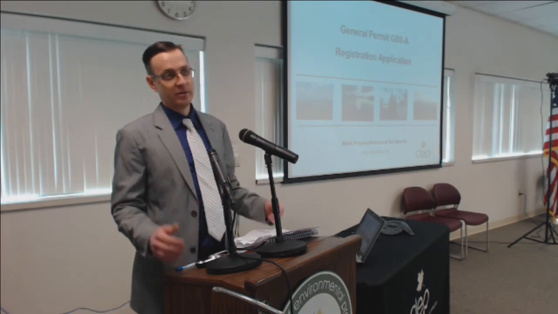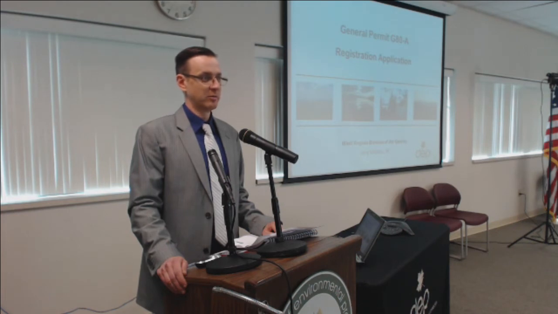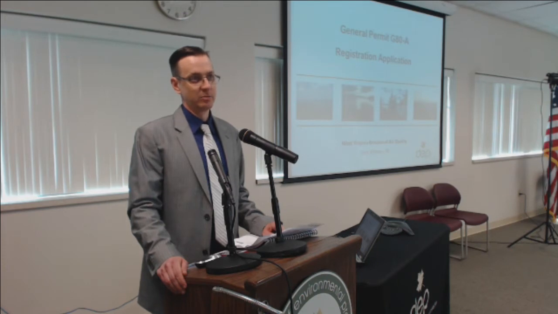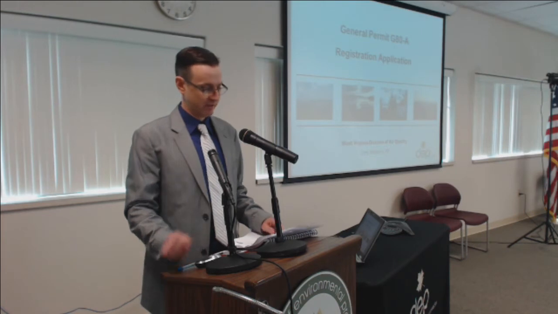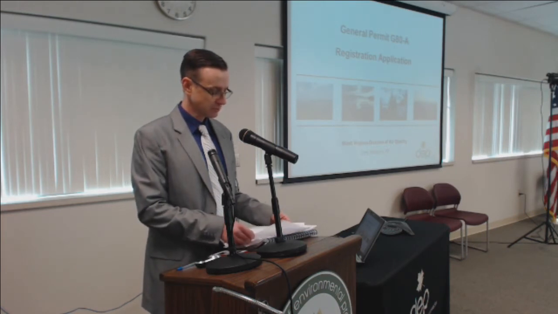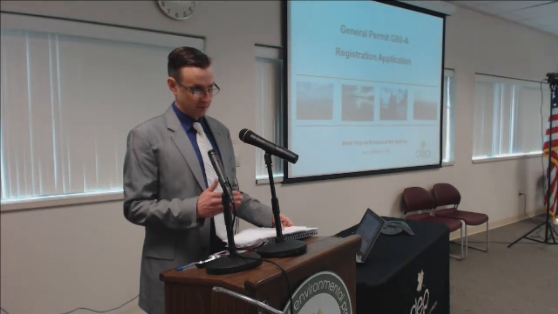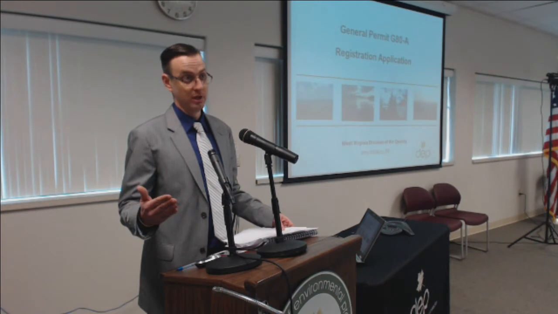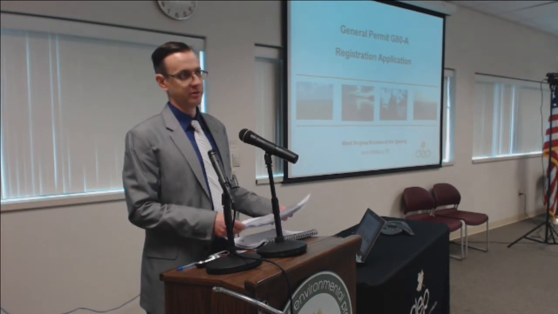Currently, you can still apply for the G30, 35, or 70, and like I stated earlier, if there's a situation where the G80 is issued and you have an application in for one of those, the reviewing engineer will work with the company in making sure that we get the appropriate information to issue any new registration under the G80 once it's issued rather than the G30, 35, or 70. But I just want to reiterate that you can still apply today up until it's issued for those permits, and then we'll just transition over once the G80 is issued.